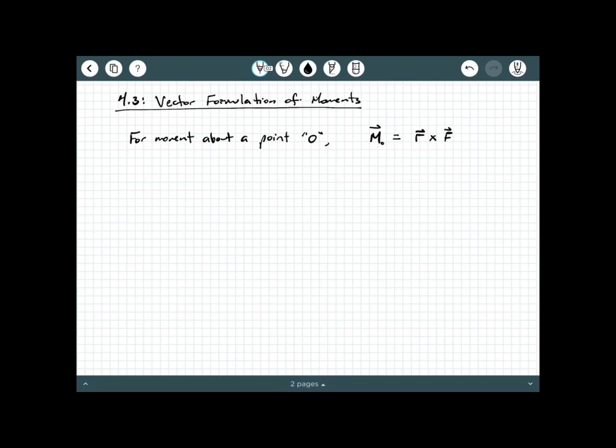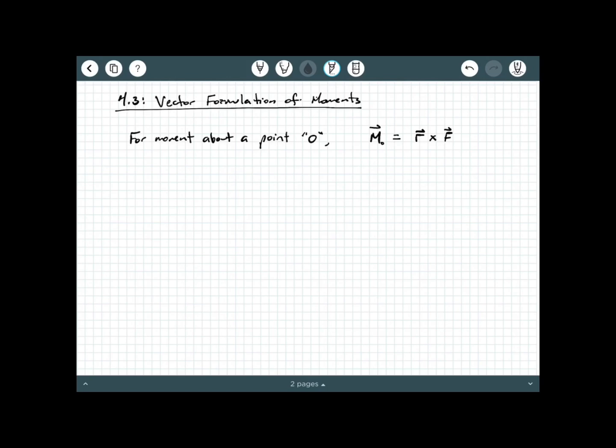Okay, now this operation is the cross product, and all of these values are vectors. Vector r cross vector f equals a vector m.